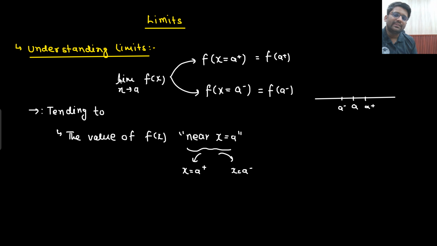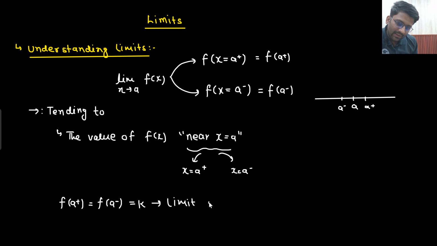Yes sir. So if it is written limit x tending to a f(x), that means you need to find out the value of f(x) near to a, not at a, near to a. That means you need to find out the value of f(x) at a plus and a minus. And if your a plus and a minus values are coming equal to some constant value k, then you will say yes sir, limit exists and it is equal to k.